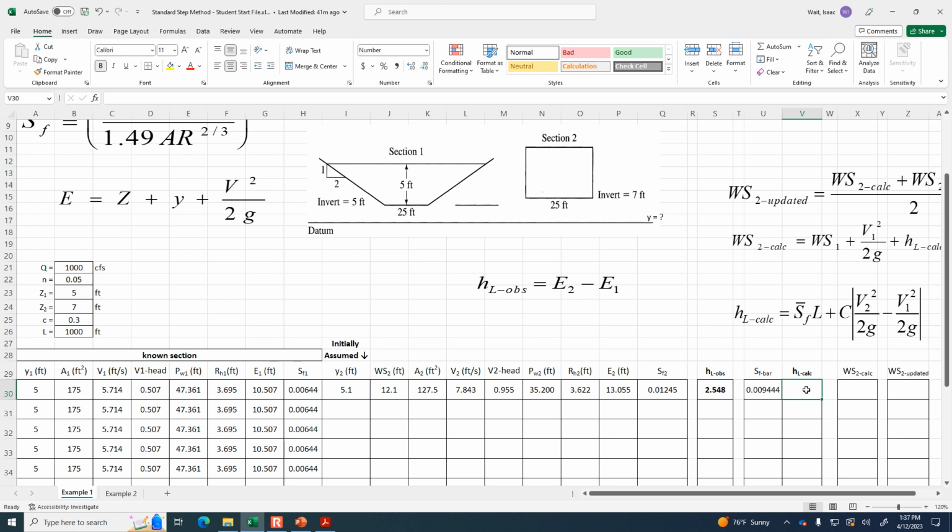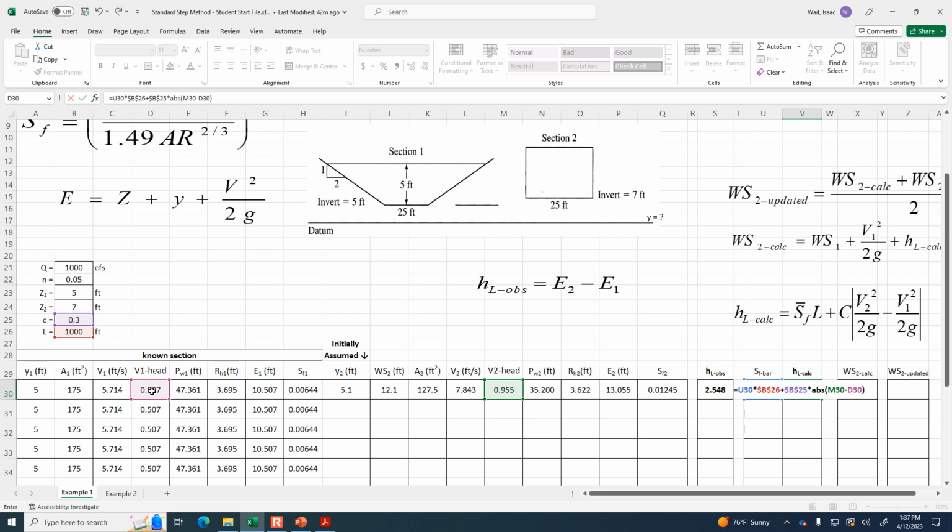Okay, so it is equal to the average slope of the energy grade line, which we just barely calculated, times the length, the distance between these 2 points, which is 1,000 feet, anchoring the reference there, plus the C value, 0.03, anchor that reference, and then times the absolute value of the velocity head at 2 minus the velocity head at 1.